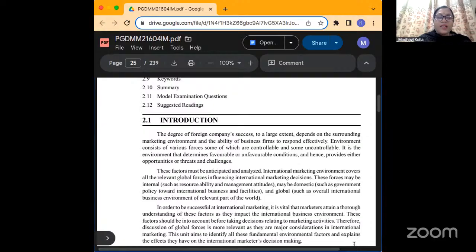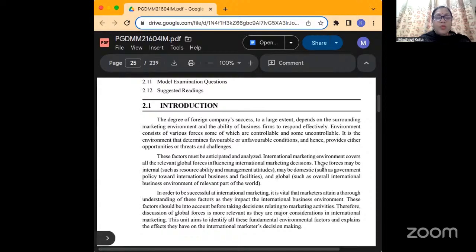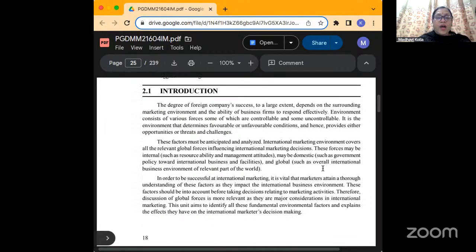So the factors are both micro, that is internal, and macro, that is related to both home country and host country. So we need to understand what these factors are, we need to analyze them, and more importantly, we need to anticipate them.